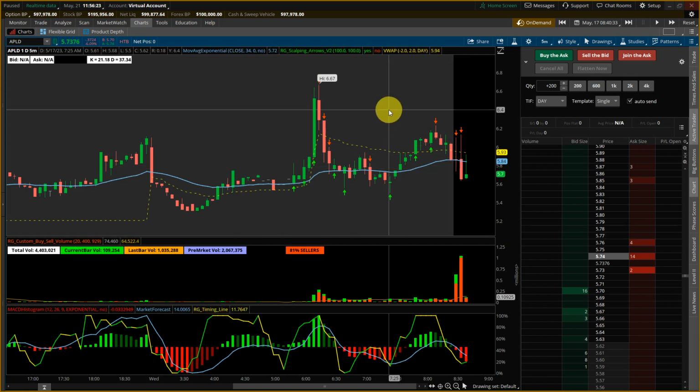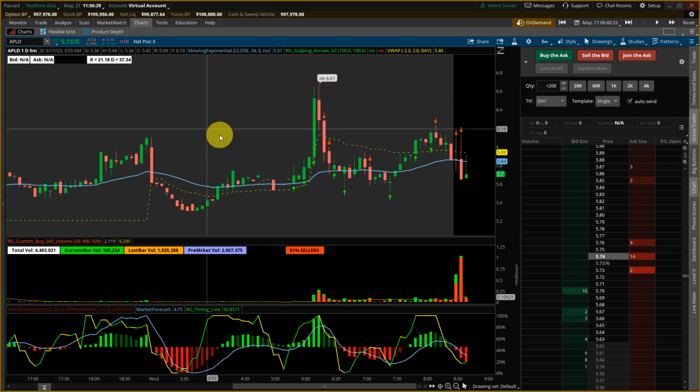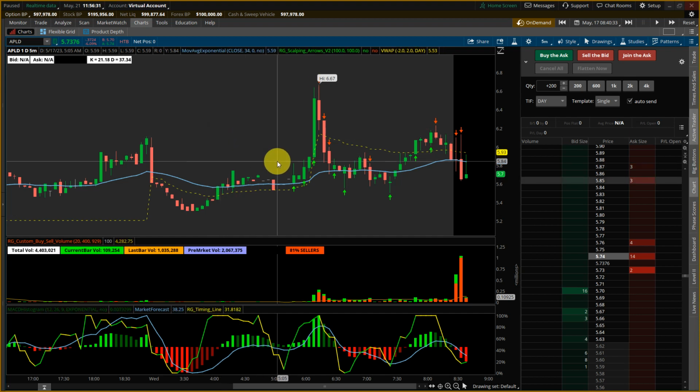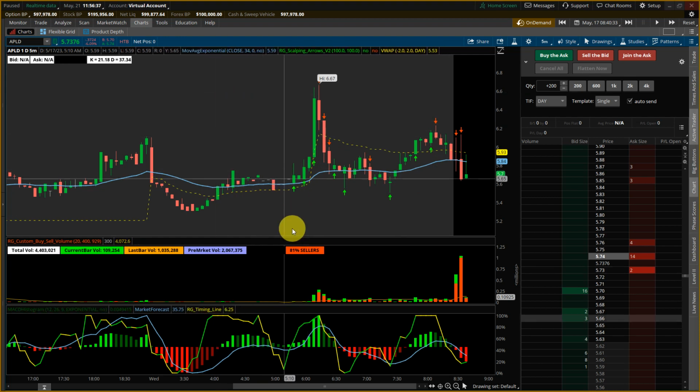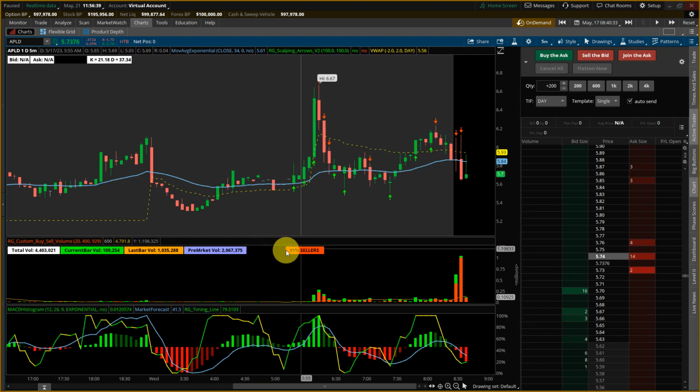So I've made a few changes to my setup. If you watched my other video about my profitable desktop setup, you'll see I've made a few changes. These two indicators in the volume tell you the percent of the sellers and the percent of the buyers.